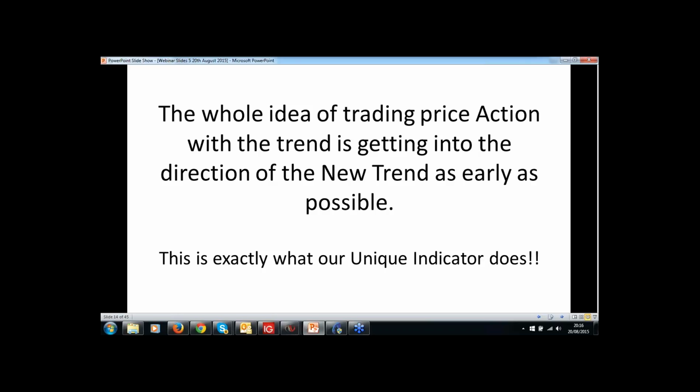With the sum total of both, it evaluates whether there's more buying pressure, that will paint the bars blue, or more selling pressure, that will paint the bars red. And as it says here on the screen, it does pick up this new trend as early as possible.